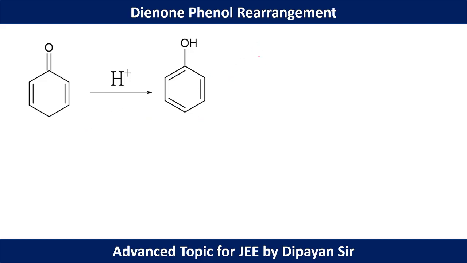If we have double bond O along with two double bonds and H plus is added, this lone pair will approach this H plus and this kind of intermediate is formed. Now this intermediate is highly unstable because we have positive charge over electronegative atom oxygen.